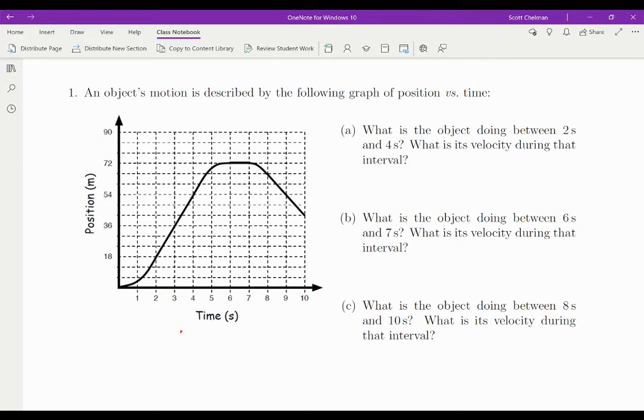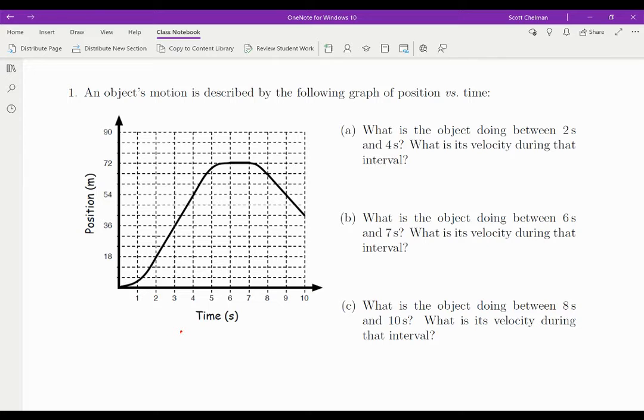So this would indicate that there's change going on with the object. So again, you're going to have to be able to look at a graph like this and say, okay, what's going on at these different time intervals? Let's answer some of these questions.